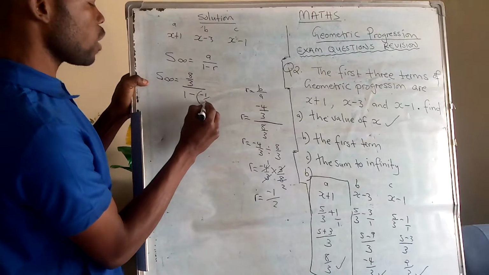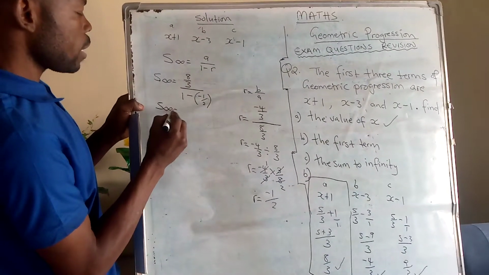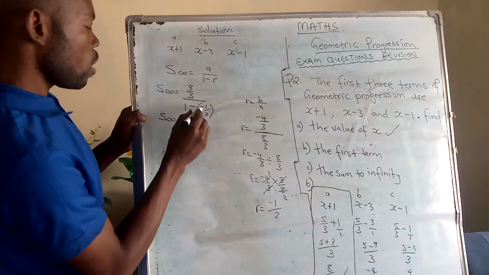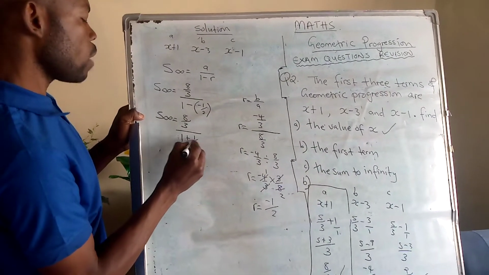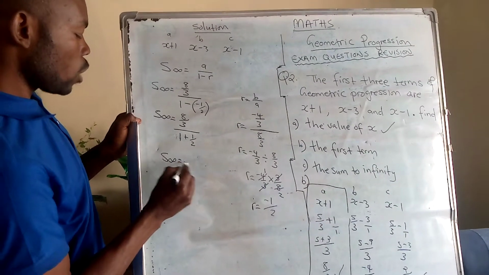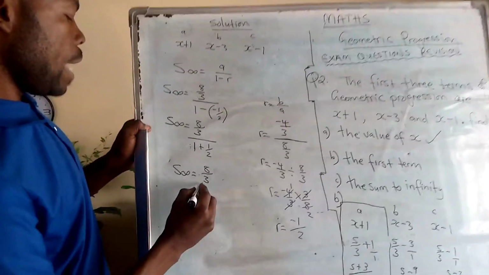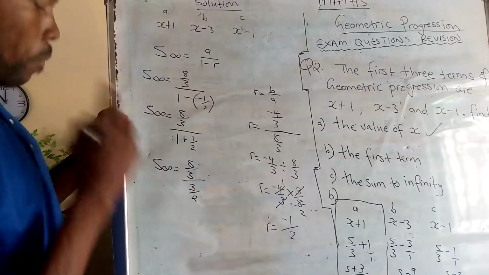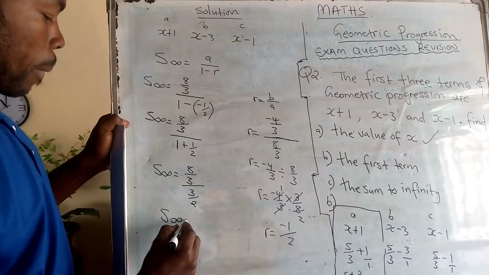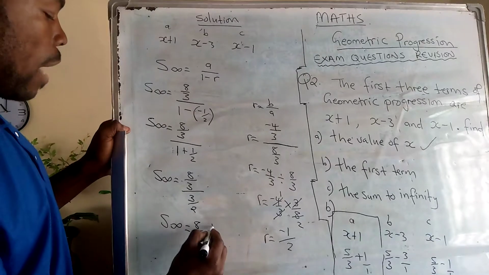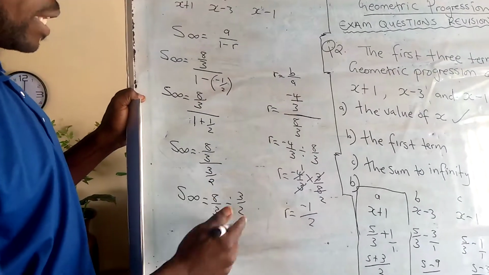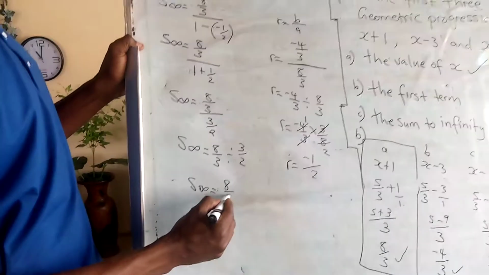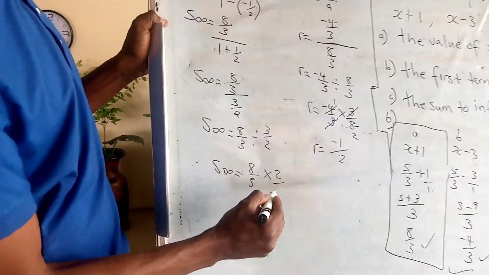So you have sum to infinity is equal to 8 over 3 over 1 plus 1 over 2, which gives 8 over 3 divided by 3 over 2. You are dividing by 3 over 2, so sum to infinity is equal to 8 over 3 times 2 over 3.